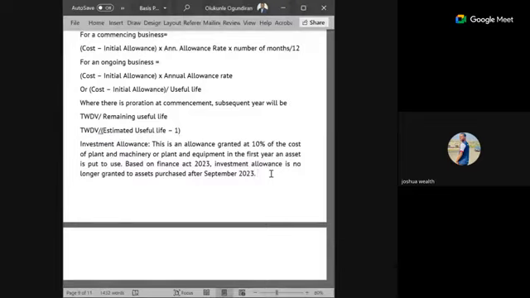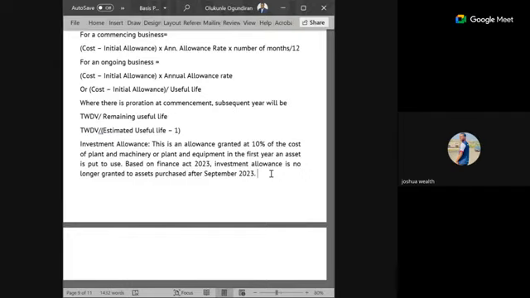So industrial plant will attract investment allowance. In that case, are we going to remove investment allowance on the new assets too? We remove investment allowance on the one they first buy. So what about the second one they buy? It's granted on assets and not the entity. So it doesn't matter. Individual assets enjoy investment allowance.